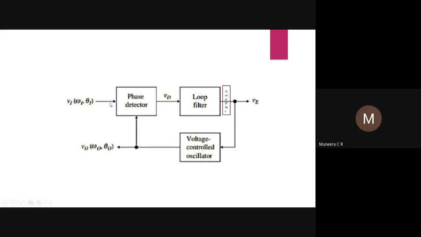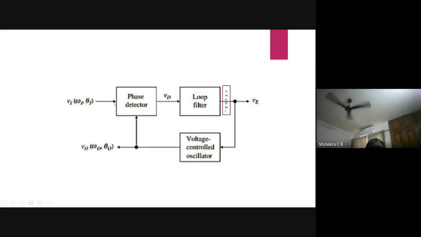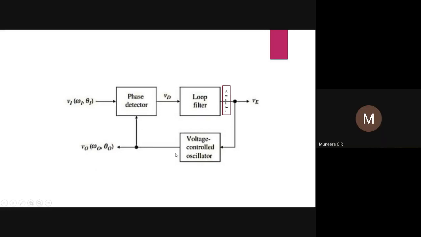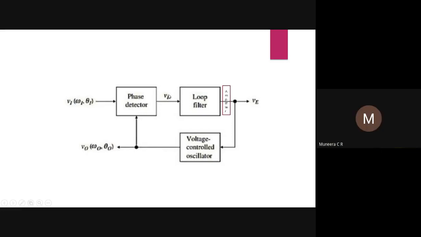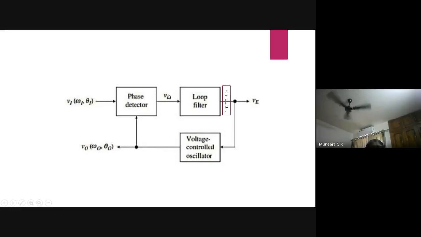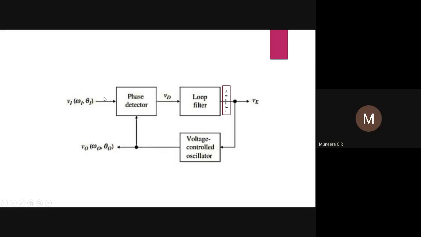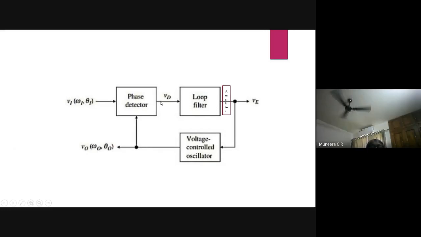The phase detector compares the input signal frequency and the output of the voltage controlled oscillator, and produces, just like a mixer, sum and difference frequencies. The sum frequency is omega 0 plus omega I, and the difference frequency becomes omega 0 minus omega I. But unlike a mixer or multiplier, this phase detector output usually has the difference frequency as a DC voltage.